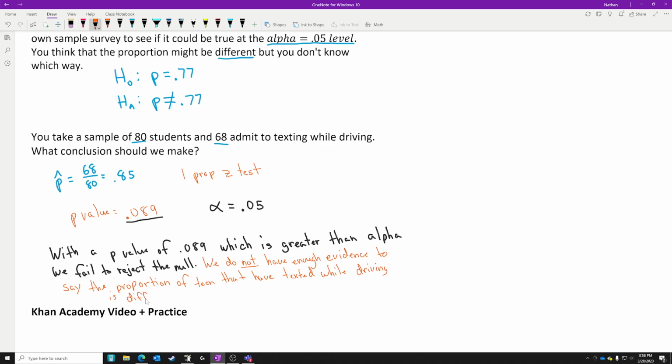We didn't know if it was more or less, huh? Different than 77%. We don't have enough because our p-value was too big. What boundary did we use for too big, too small? This new thing called alpha. Hopefully that makes our decisions of too big, too small a bit easier.